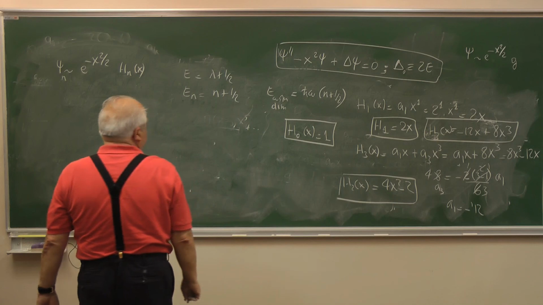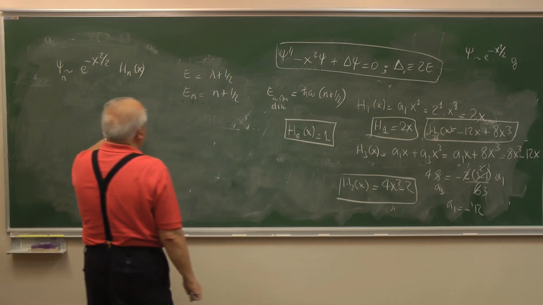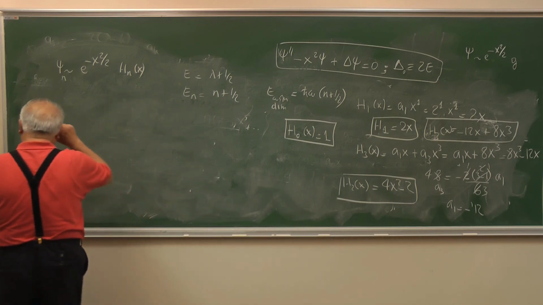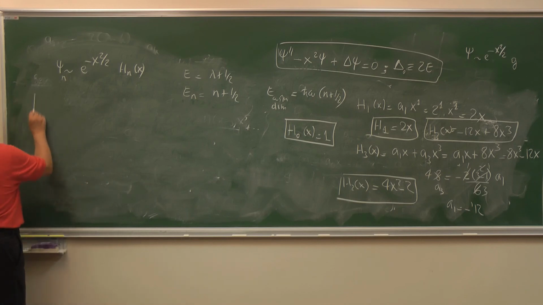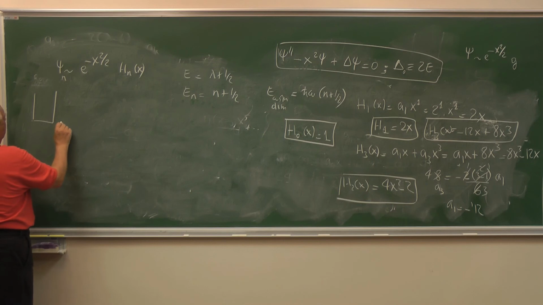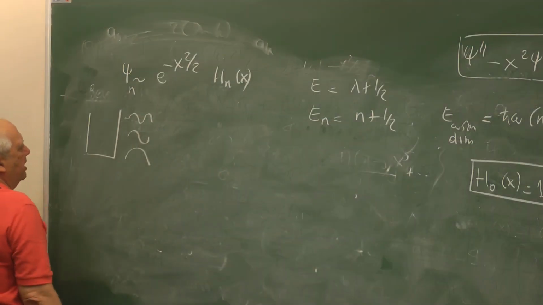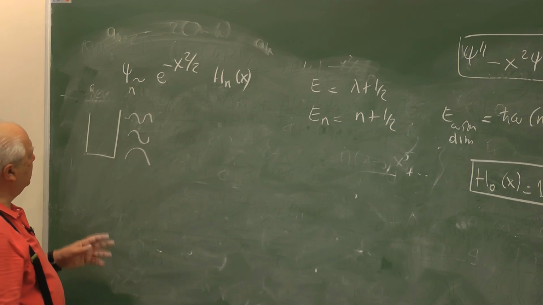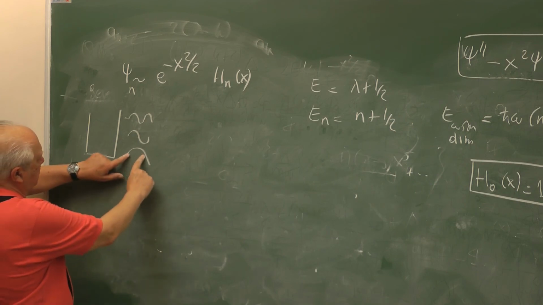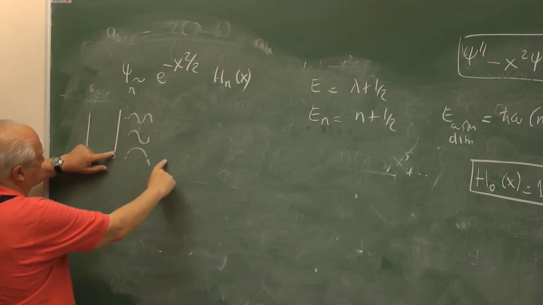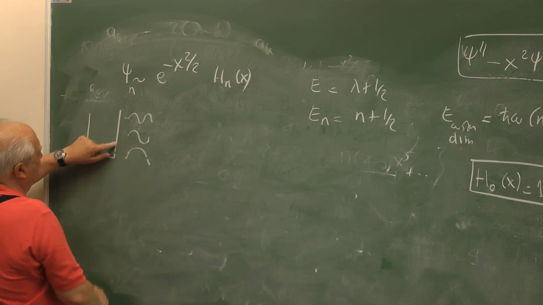Now let us check whether we wanted to compare with the square well wave functions. This was one bump, and then there were 2 bumps, and there were 3 bumps with this square well. And what did we expect? We expected them to taper off rather than abruptly coming to 0.